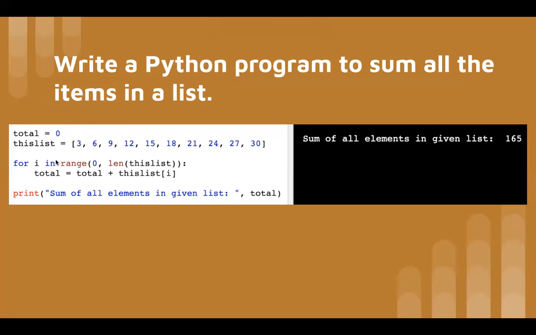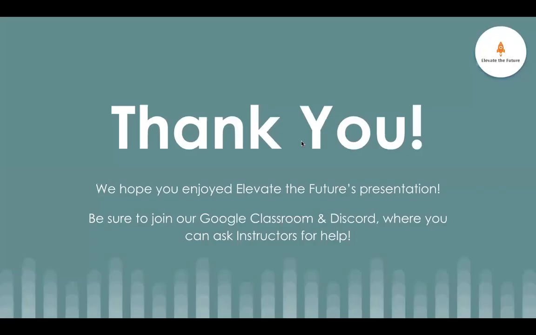And then using each index, they started at 0, and then they continued on this range, and each time they used the index to get the value, and then they added it to the total. So this still works, but the way we did it, you can just iterate through each item in a list. You don't have to call each and every single index, but this still does work.